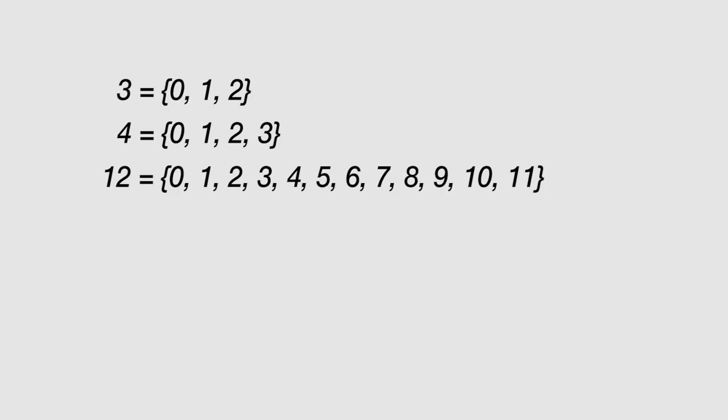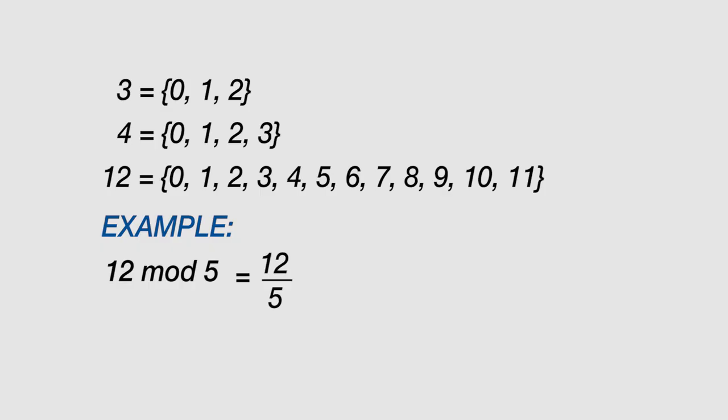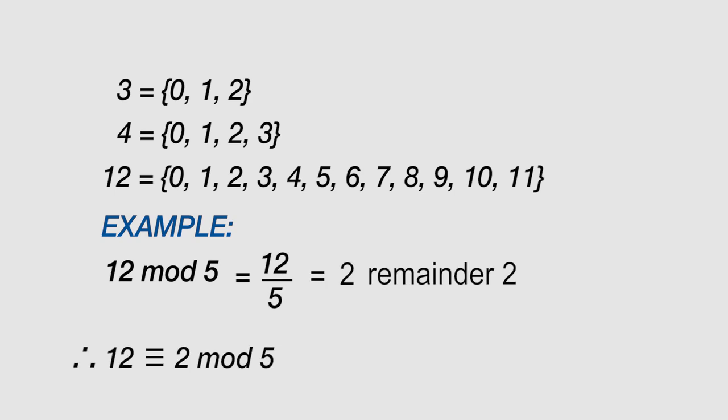Now, suppose we want to write 12 as a number in mod 5. Do you remember what we did? We divide the 12 by the modulo, which is 5, and we keep the remainder as our answer. In this case, we get a remainder of 2. So we say 12 is equivalent to 2 in mod 5.